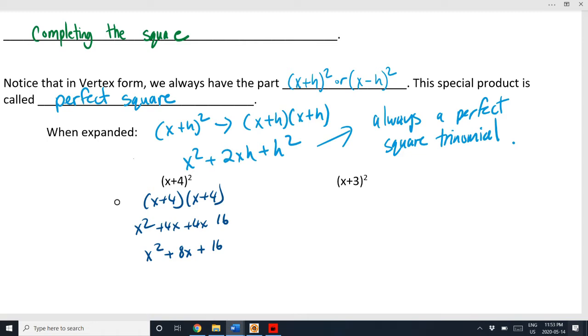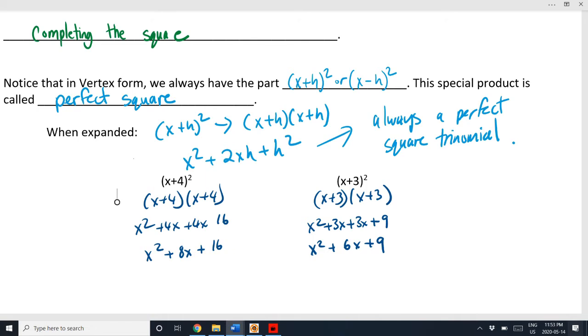Now let's try x plus 3 squared. That just means x plus 3 times x plus 3. And if we do that, x times x, which is x squared, plus 3x plus 3x. 3 times 3 is 9. And then let's simplify that. We're going to get x squared plus 6x plus 9.